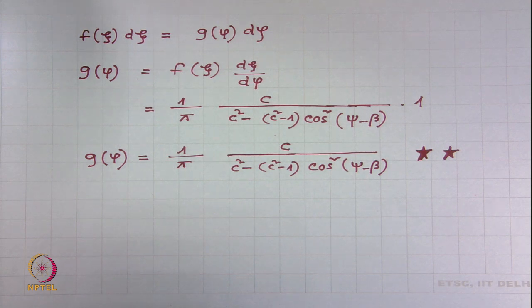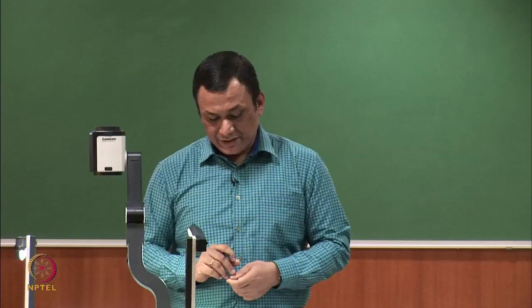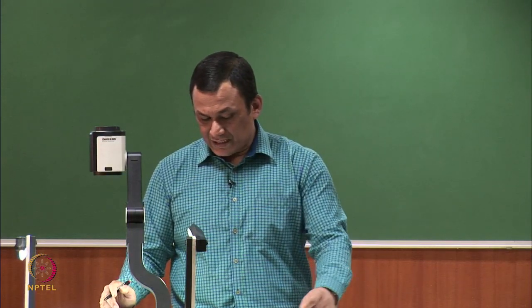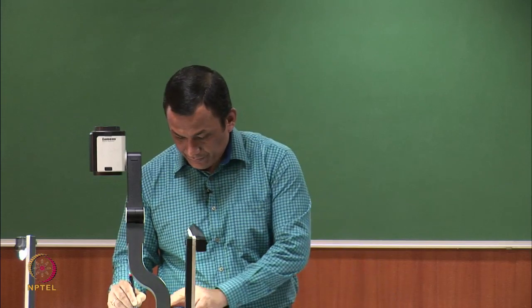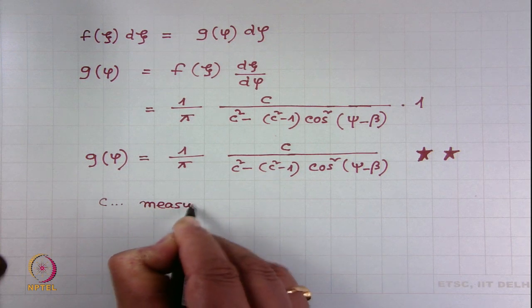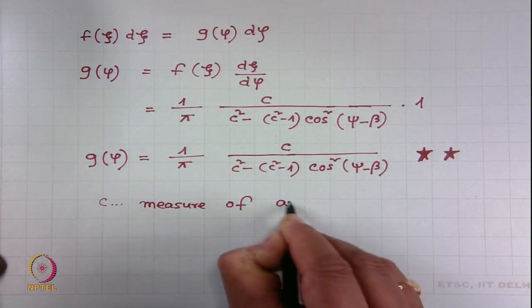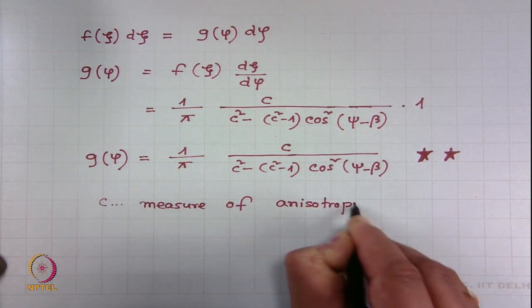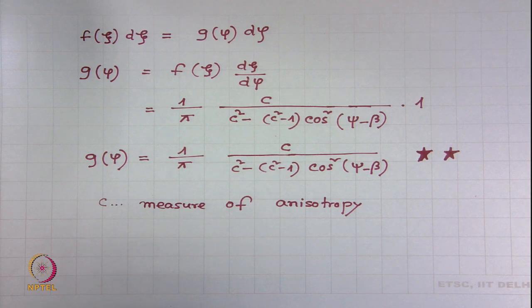So, this becomes a more generalized expression for anisotropic fiber orientation. So, here C is basically the measure of anisotropy. Higher is the value of C, higher is the anisotropy, right.